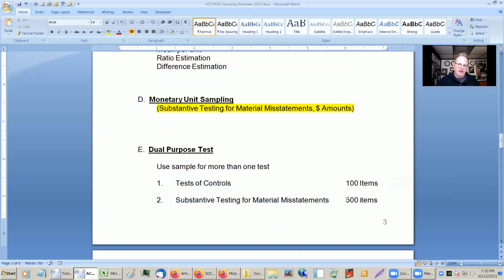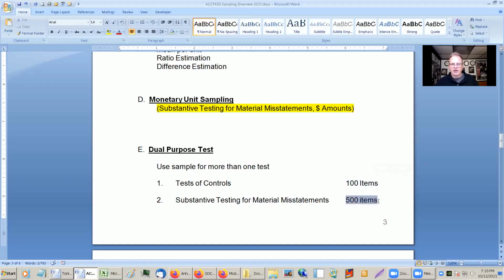Instead of taking 500 items, what might you do if you want to be more efficient? Well, you already got 100 items here. You can use those.